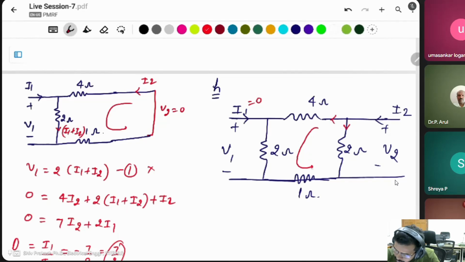I2 is divided into two parts. The current is I2 times the opposite resistance, 4 plus 2 plus 1, which is 7, divided by the total resistance, 7 plus 2, which is 9. So the current through the 2 ohm is I2 times 2 divided by 9.